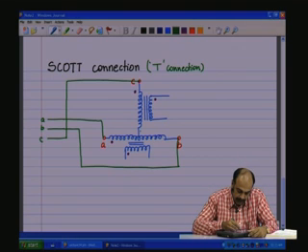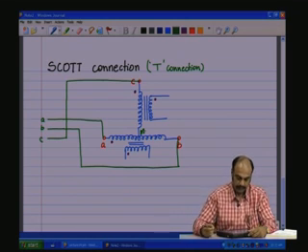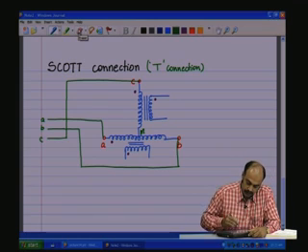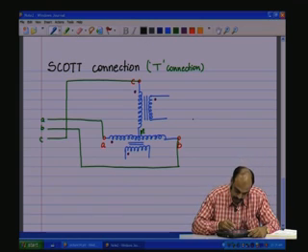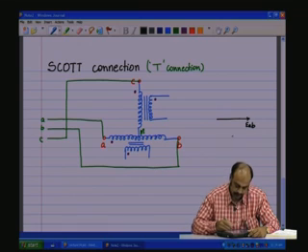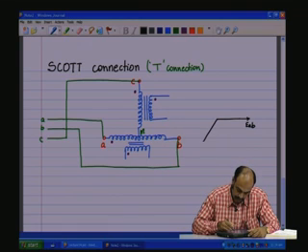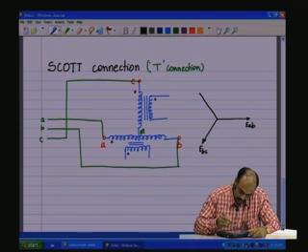Now, this is the center tap and we will call this as position M. Now, if we take the vector diagram EAB again, so I have EAB, EBC, is ECA.